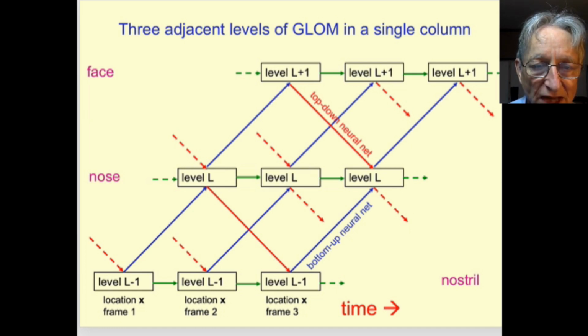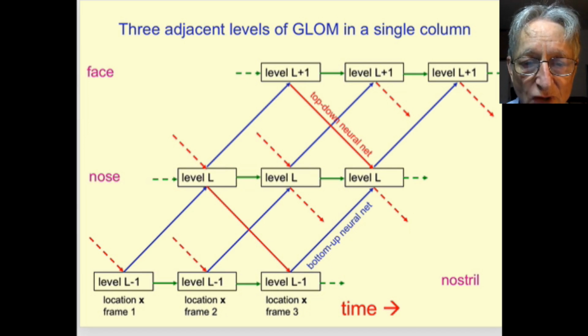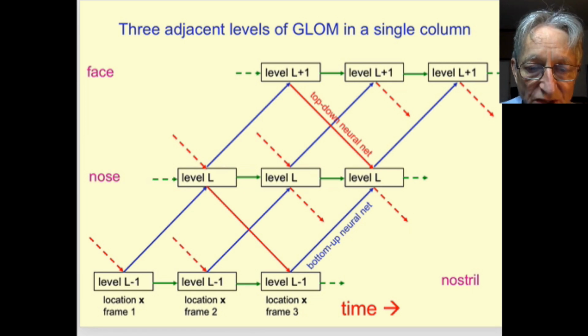And within a location, you get three kinds of interaction. If we focus on that level L embedding on the right, that's getting input from the level L-1 embedding at that location via a bottom-up neural net that will have a couple of hidden layers. And that bottom-up neural net will take something like a nostril at level L-1 that's occupying this location, and it'll predict the nose that should be occupying this location at the next level up.